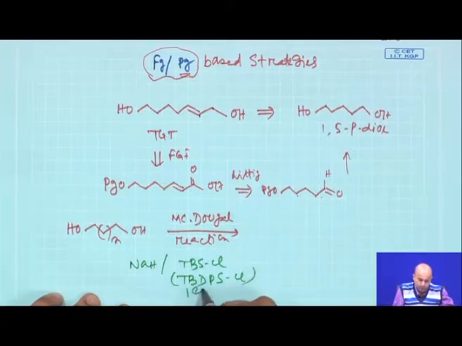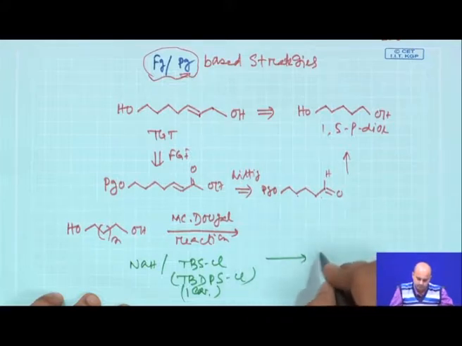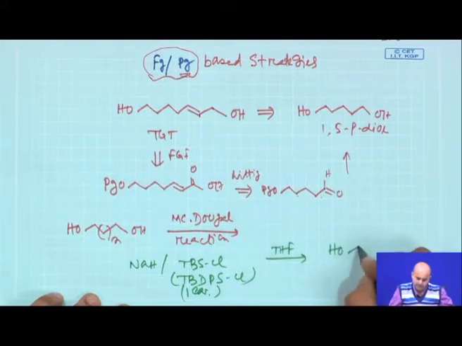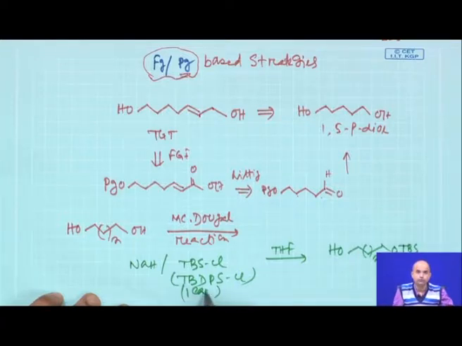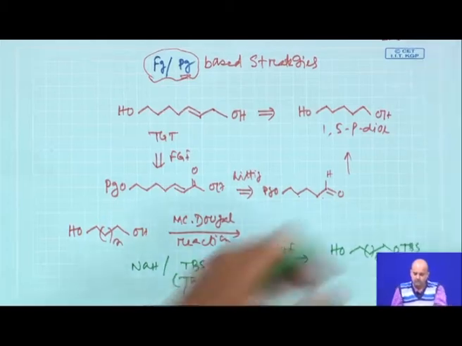You need only one equivalent, and you react in THF solvent and basically get a nice monosilyl ether, either TBS or TBDPS based on the reagent you use. So, this protocol is named the McDougall reaction.